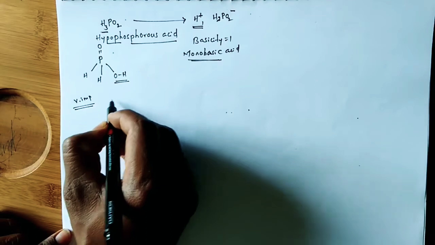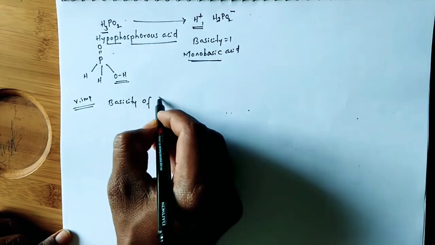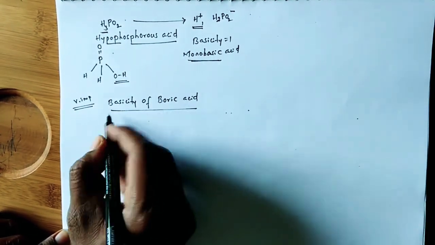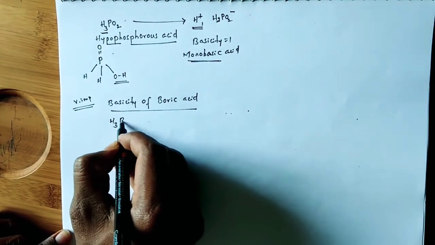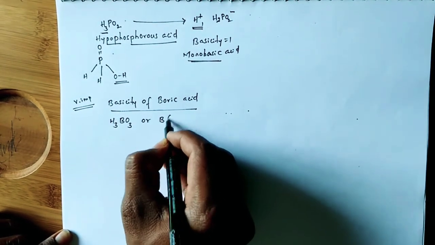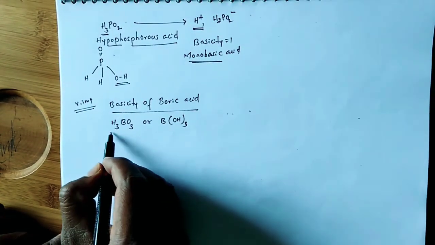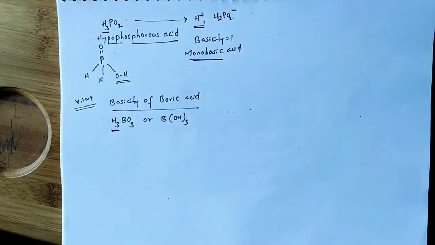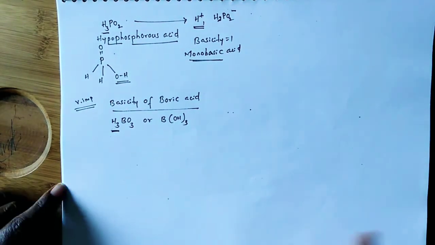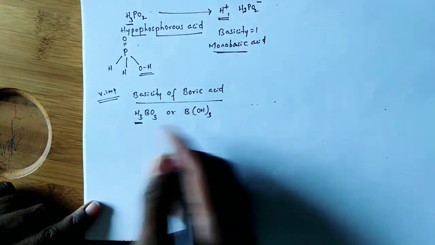What is the basicity of boric acid? Boric acid formula H3BO3, or you can write B(OH) taken thrice. Here you can observe 3 hydrogen atoms in boric acid, so the expected basicity is 3.